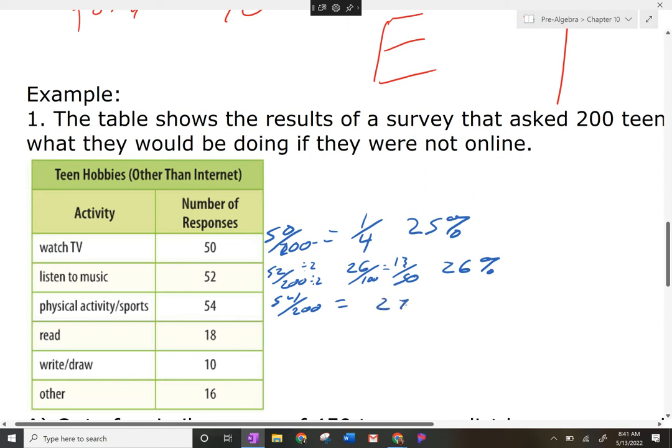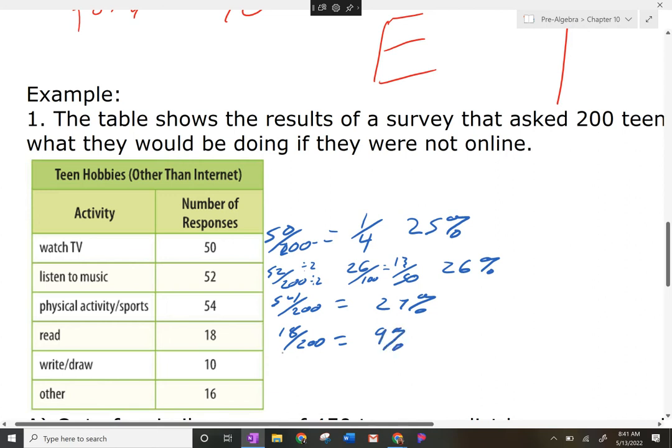27%. Perfect. Somebody new, reading. What's my fraction? 18 over 200. Okay, what's that percent? 9%.